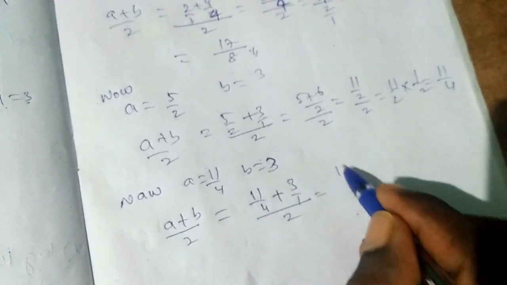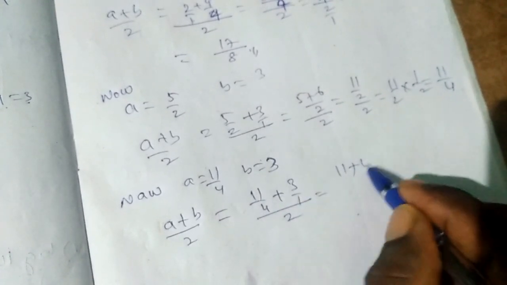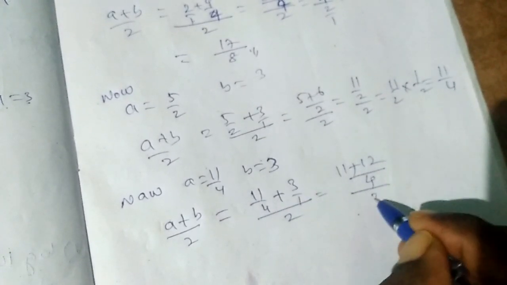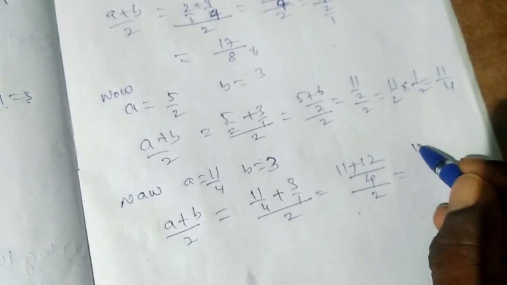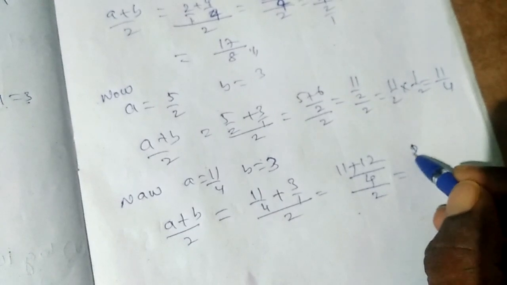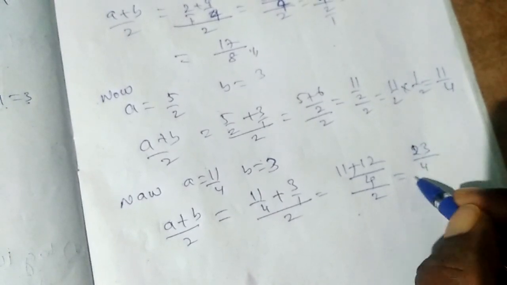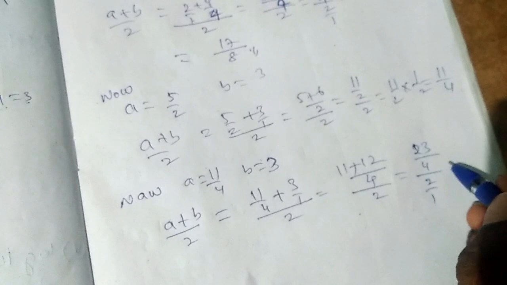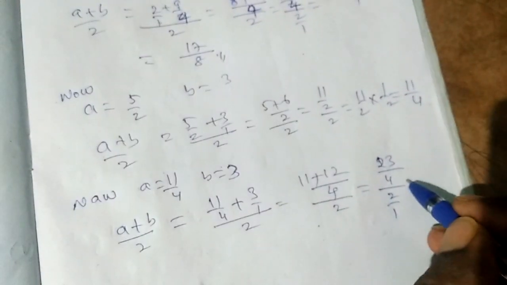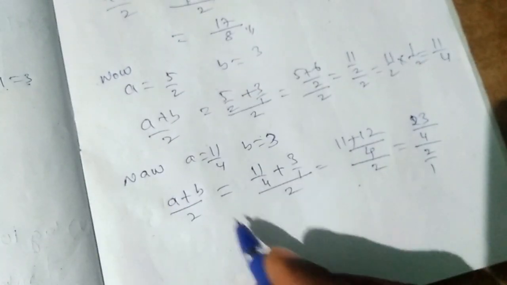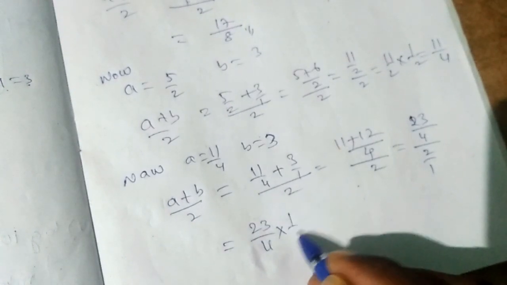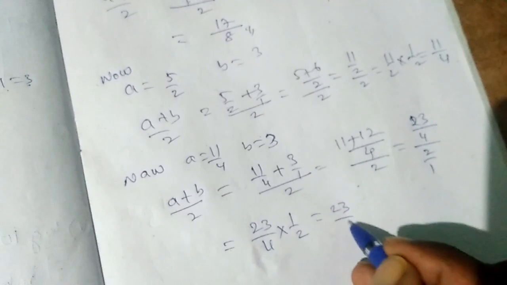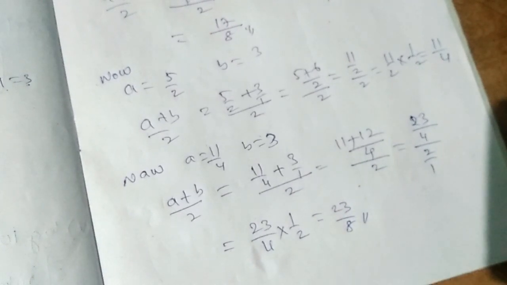So 11 ones are 11 plus 4 threes are 12, by 4 whole by 2, that is equal to 23 by 4 by 2. We have a fraction by fraction, so 23 by 4 into 1 by 2 is equal to 23 by 8, the answer.